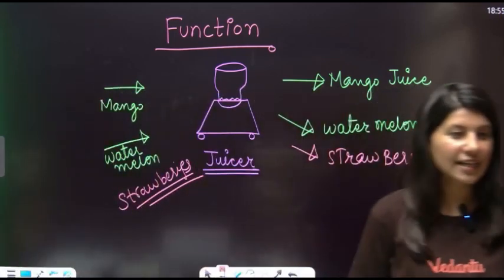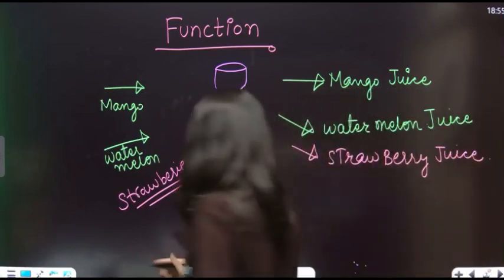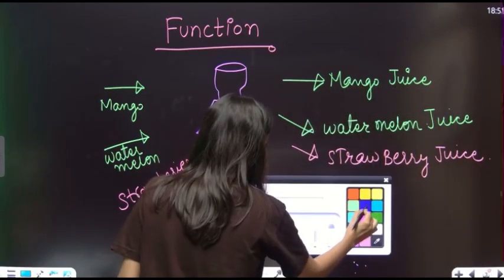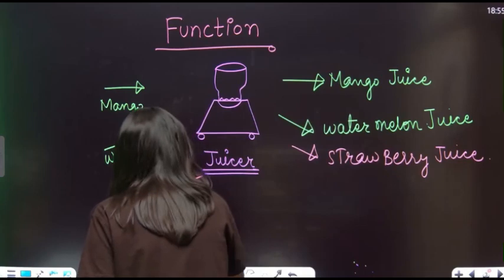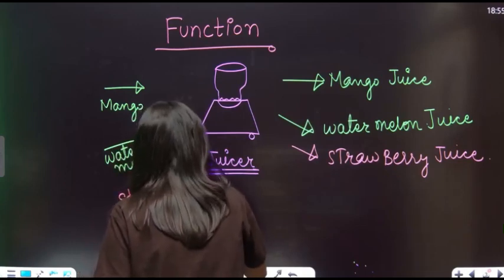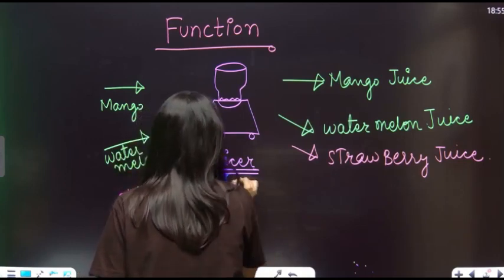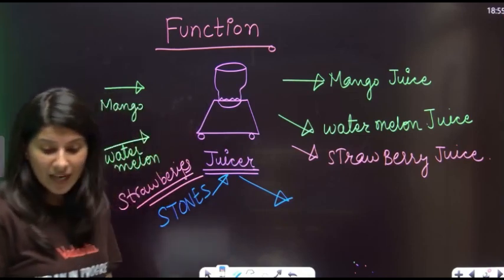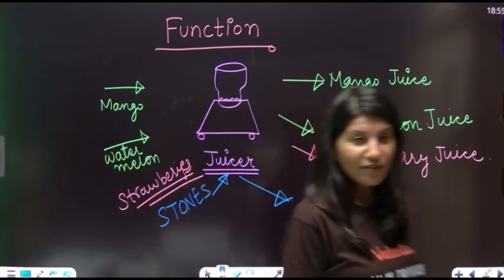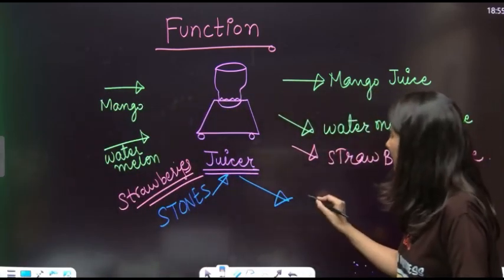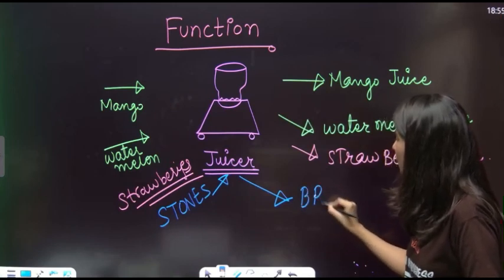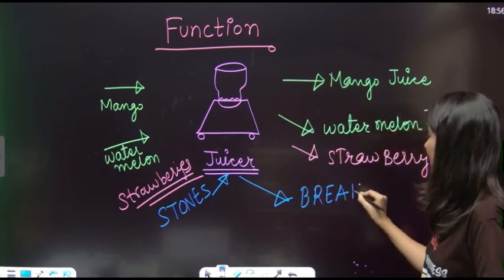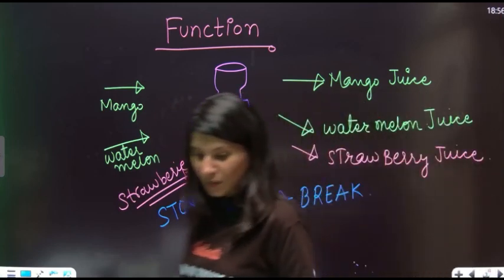But what will happen if I put stones in this juicer? If I put stones in this juicer, then what will be the output? This machine is going to break. Yes or no? The machine is going to break.